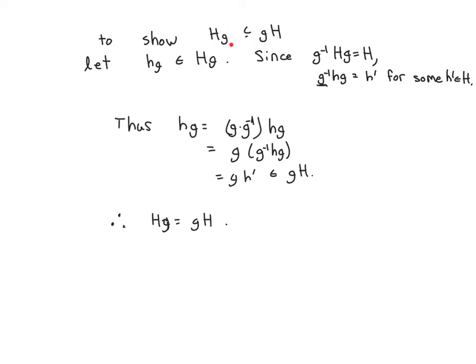So now I need to take something in the right coset, which means it factors as h times g, where g is on the right, and I need to be able to refactor it so that g is on the left.